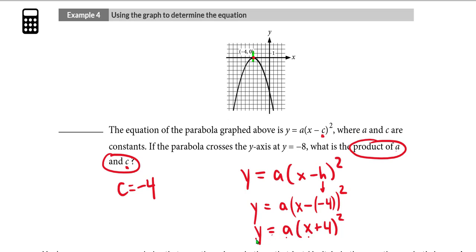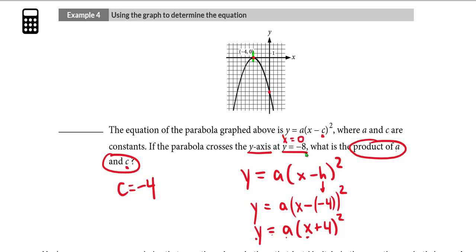Well, we actually have a value of y and x here. It might not be obvious, but this piece of information gives us a value of y, obviously, but it also gives us a value of x because we are being told that this parabola crosses the y-axis at y equals negative 8. And we know from a couple pages ago and from everything we've been doing in our geometry classes and a lot of other classes, that if we are on the y-axis, our x value equals 0, right?